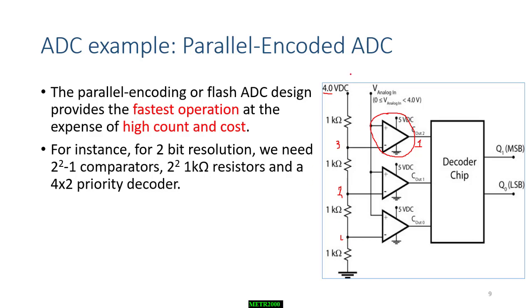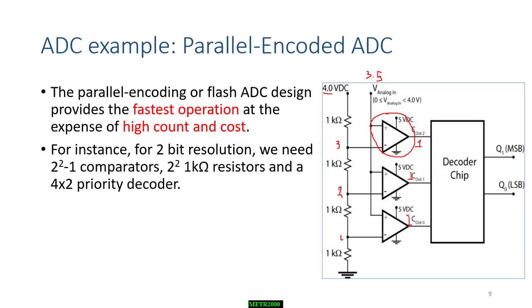Let's say my analog input is 3.5, I will write here 3.5. What will happen? Here is 3. The analog input is 3.5, so this comparator will be high, and this comparator will be high, and this comparator will be high.